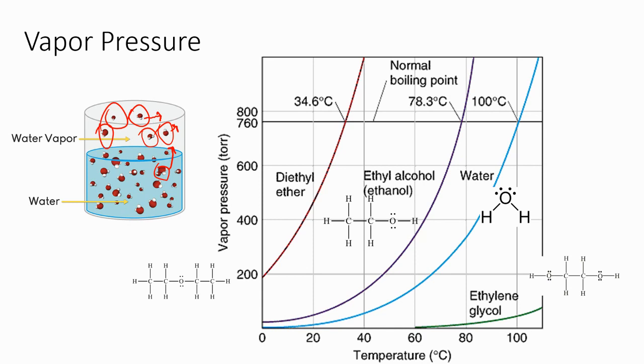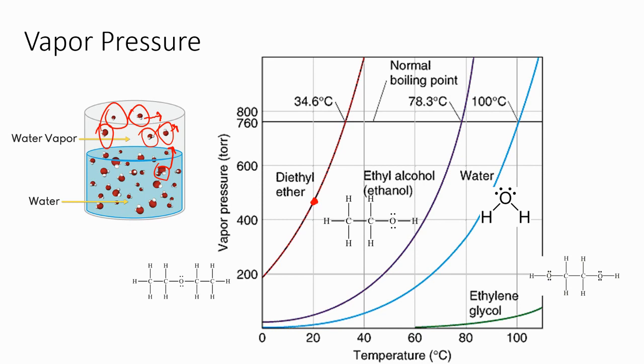This is actually a pretty complicated graph. And the first thing I want to do with this graph is just look at one point on the graph where 3 or 4 molecules might exist. So if I look at 20 degrees Celsius, I'm just going to mark 3 points.